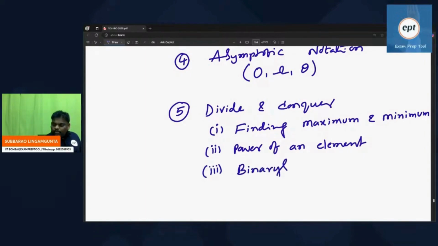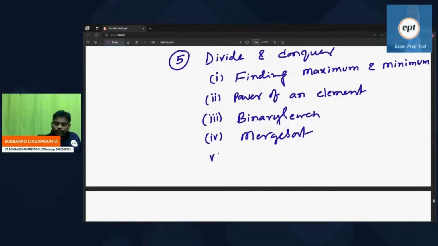Please write the topics first. Fourth one, merge sort. Fifth one, quick sort. Sixth one, counting number of inversions.